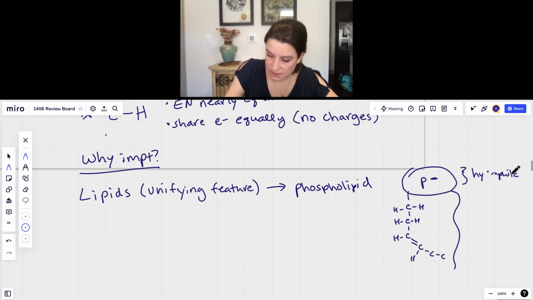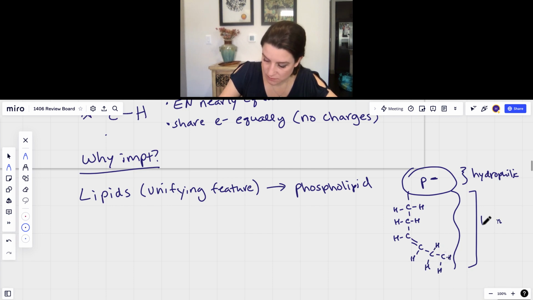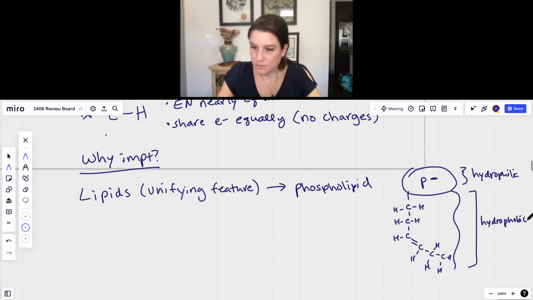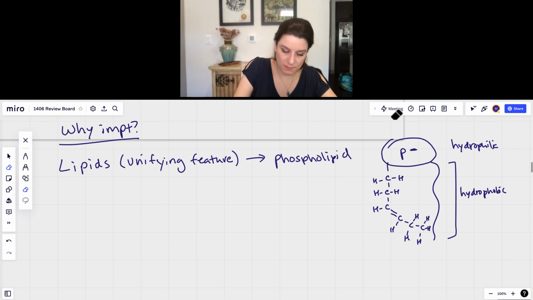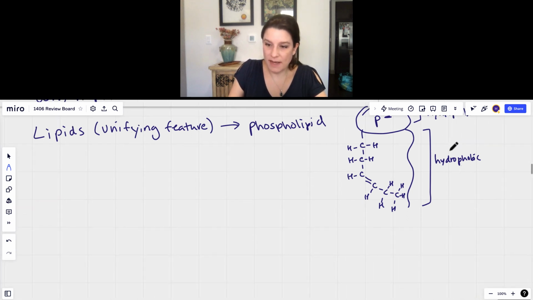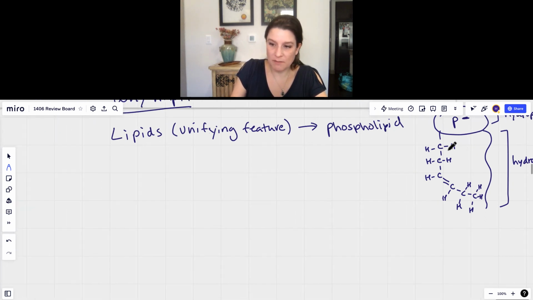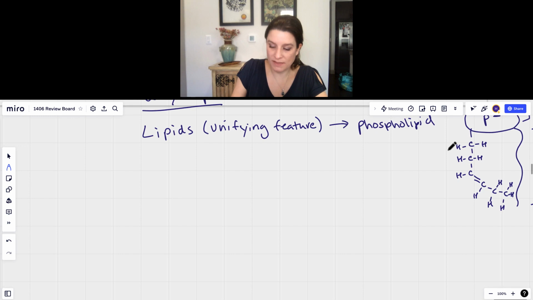But you can see that both of those tails are made of carbons and hydrogens, which makes it the hydrophobic part. That means it's amphipathic when it has part hydrophobic, part hydrophilic. Why does this matter? This is why we get membranes the way that they are.